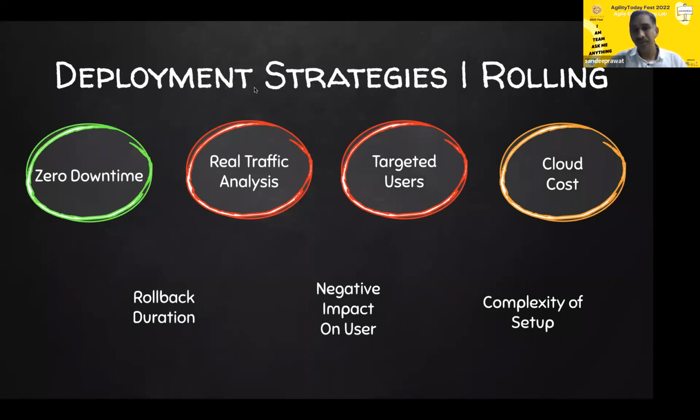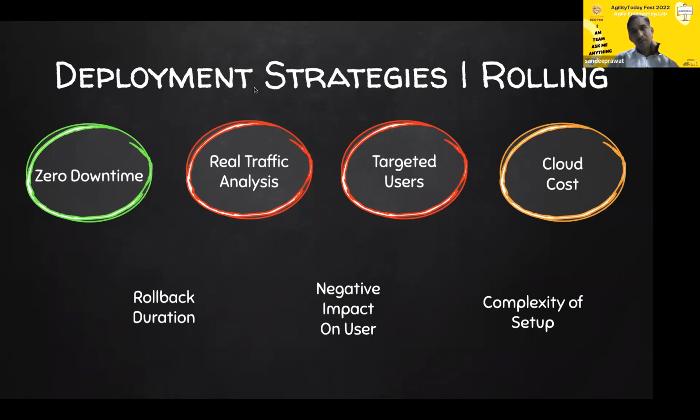Rollback, I think you can very easily roll back because once you upload the new version and you test that everything is working fine, that is when you delete the previous one. So you can just roll back to the previous one.